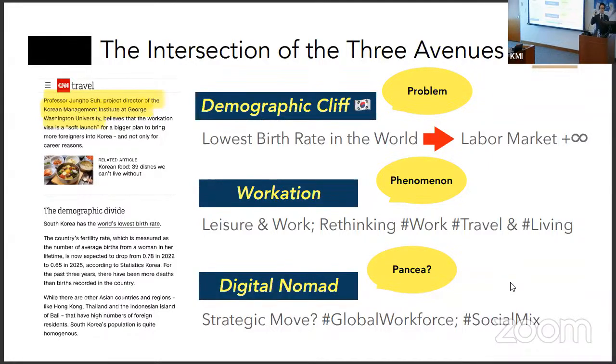introduced you to earlier. Demographic cliff, from my CNN article. Demographic is the problem. That's the problem statement. And what are the relevant causal factors or outcomes, consequences? Lowest birth rate in the world, as we talked about multiple times in this two-day forum, today and yesterday, and it affects the labor market demands and prediction of the supply for the vacant positions and beyond, right?